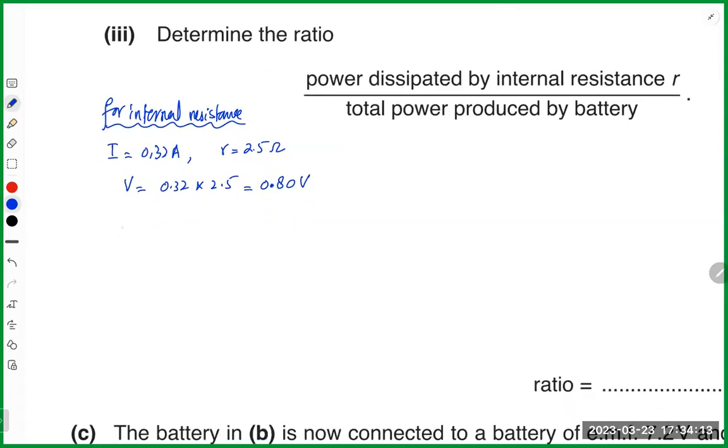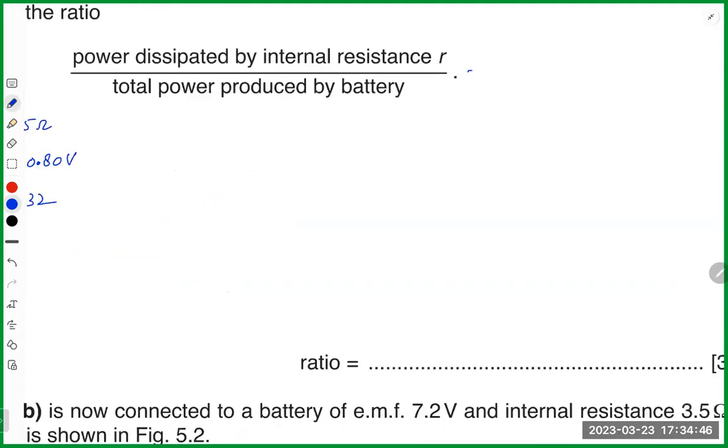Now, power equals 0.80 into 0.32. Now, for battery, total power will be total EMF 5.6 multiplied by 0.32.